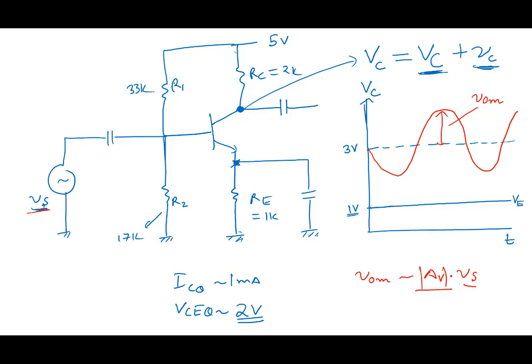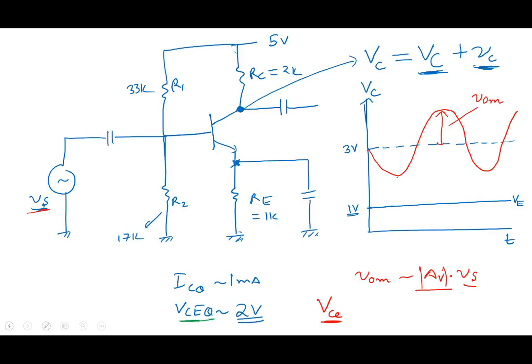Now, are you seeing what the collector emitter voltage is? Instantaneous value of VCE. We said VCEQ is 2 volt. At this point, how much do you think is the VCE? What does this gap denote?